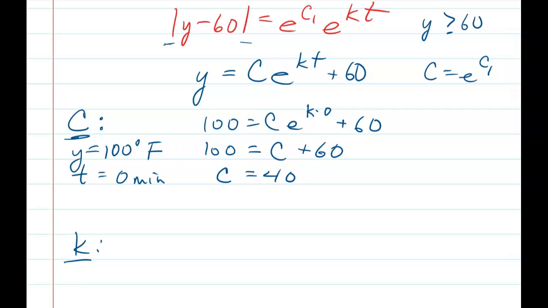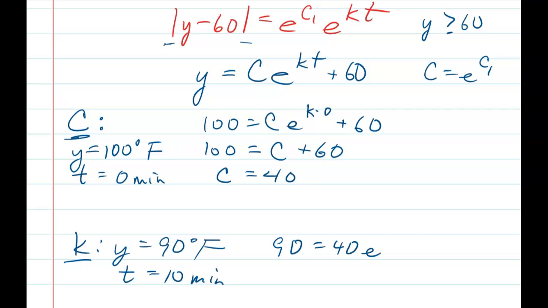To get k, we're going to let y equal 90 degrees Fahrenheit, and we're going to let the time be 10 minutes, because 10 minutes goes by to go from 100 to 90. When we do that, we have 90 is equal to 40 e to the kt plus 60.